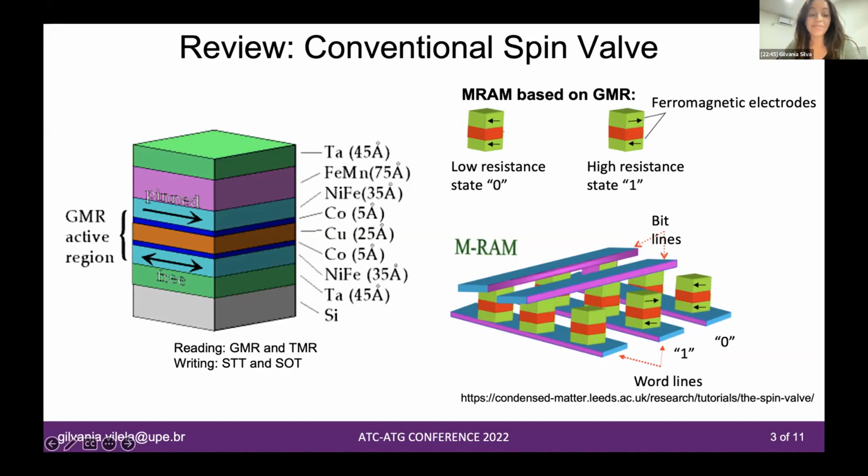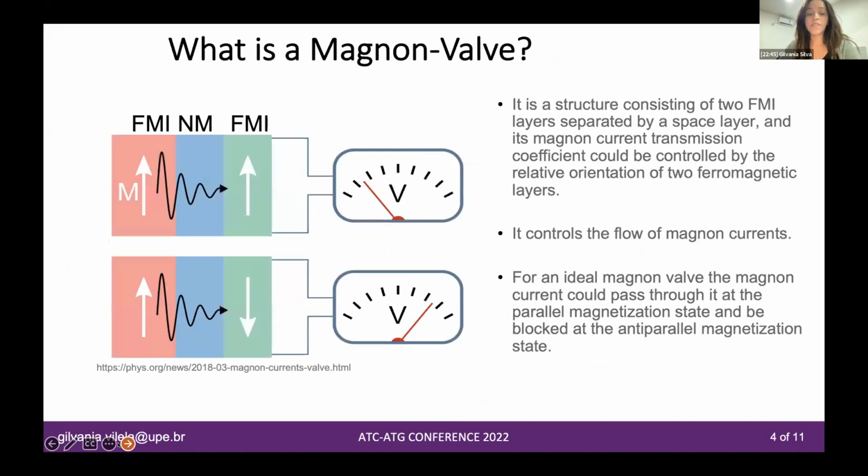And so what is a Magnon valve? It's pretty similar, but instead of applying charge currents, we want to excite spin waves or magnons. Magnons are quanta of spin waves. And usually we are interested in magnetic materials that are insulators, so we don't want charge currents flowing through the system.